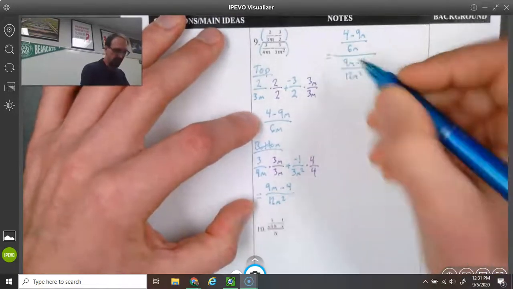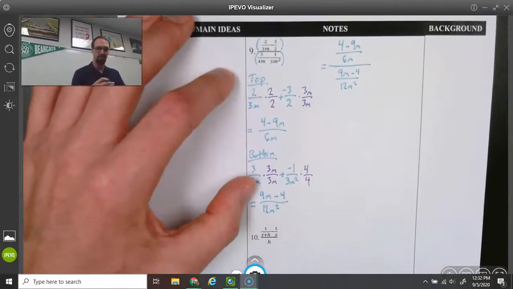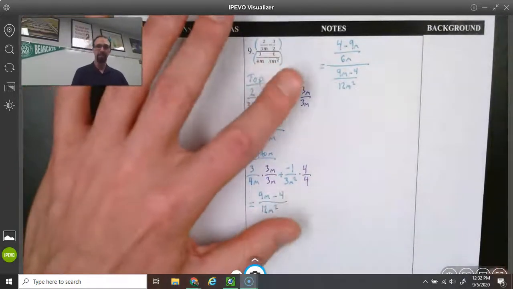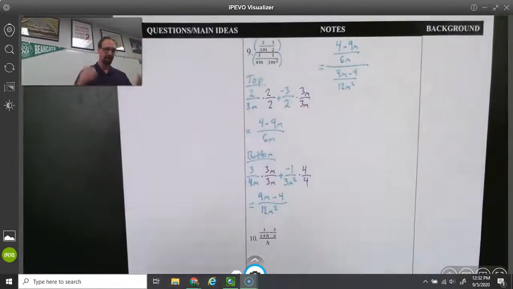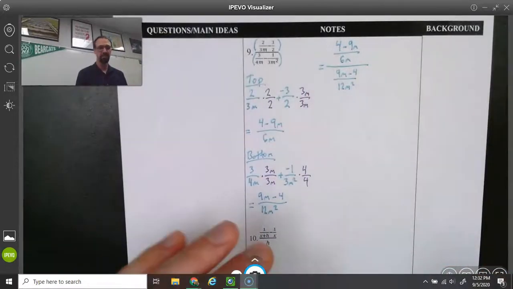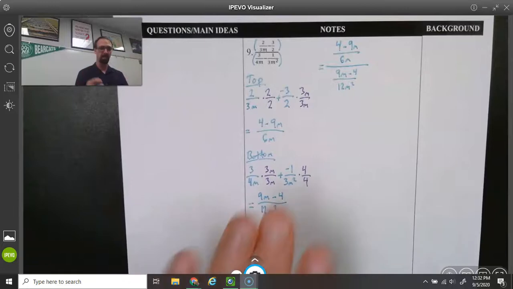Okay, now that I've combined these, and I have just a singular fraction in the numerator and a singular fraction in the denominator, what I can do now is multiply by the reciprocal. If I write this out horizontally, remember fractions can be written as the division symbol. And when we're dividing fractions, we actually multiply by the reciprocal.